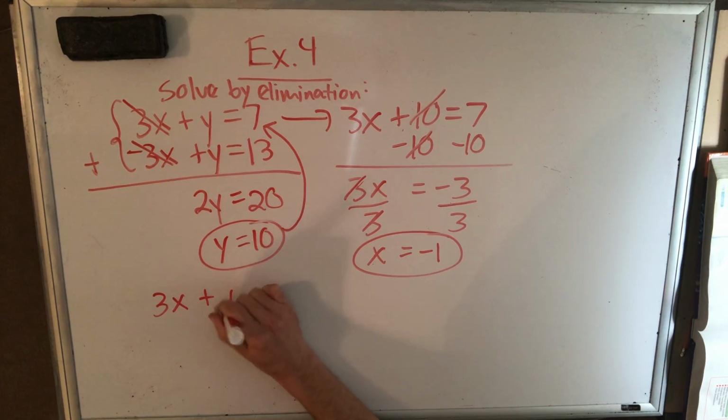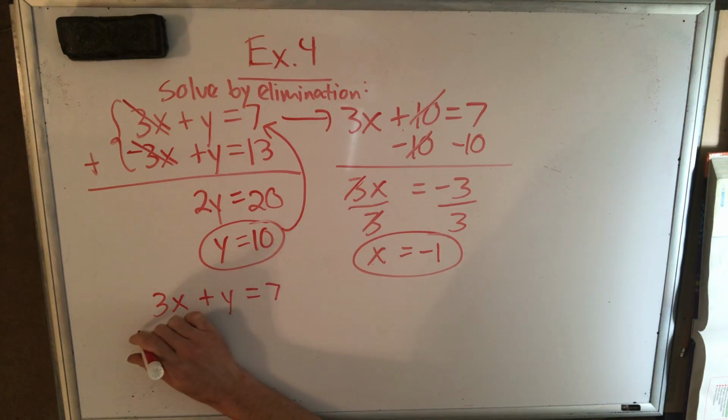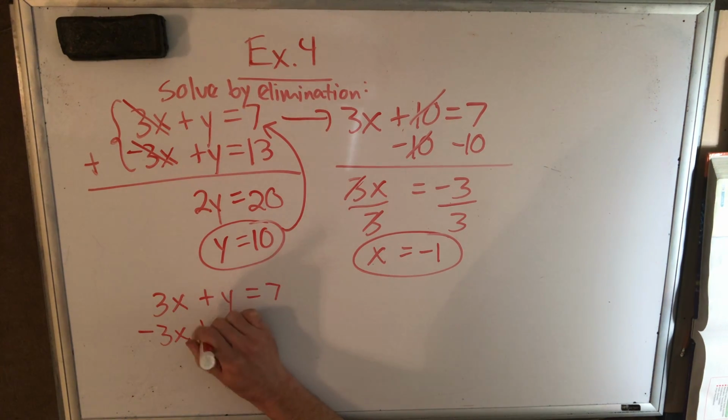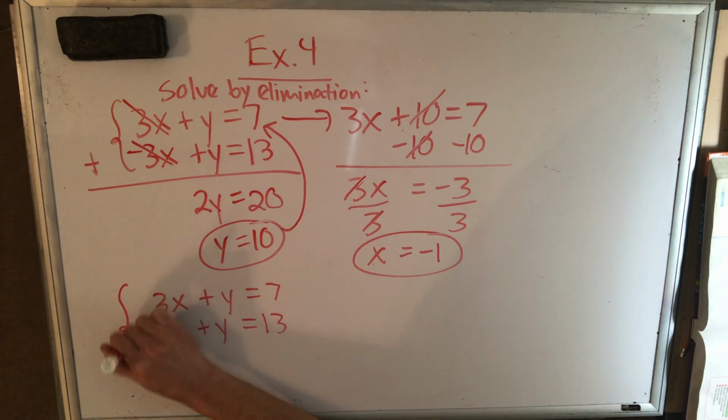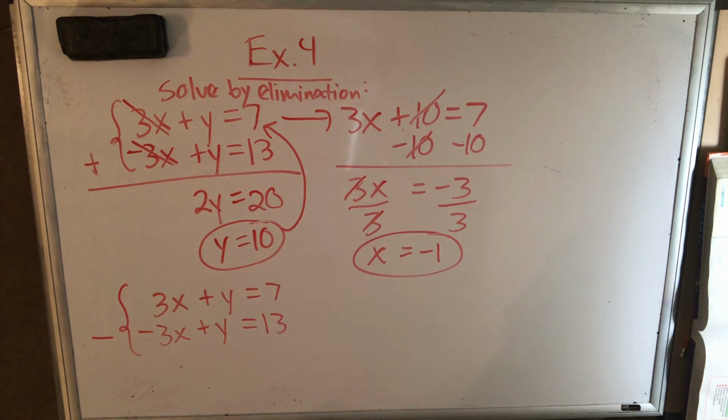So 3x plus y equals 7. Negative 3x plus y equals 13. So subtracting the equations, 3x minus negative 3x, the two negatives there make a positive, so it's 3x plus 3x, which is 6x.